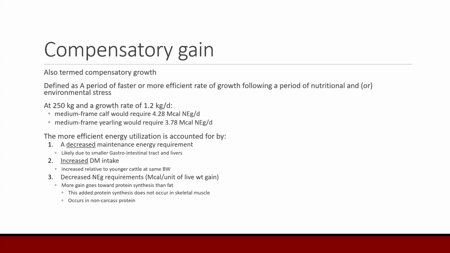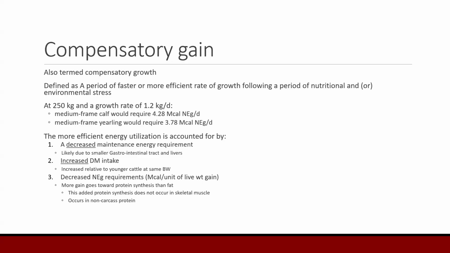So the more efficient energy utilization is accounted for by three main reasons, and we'll look at some data that's going to support these. One, a decreased maintenance energy requirement, likely due to smaller gastrointestinal tracts and smaller livers.